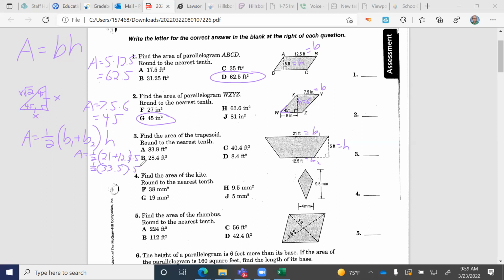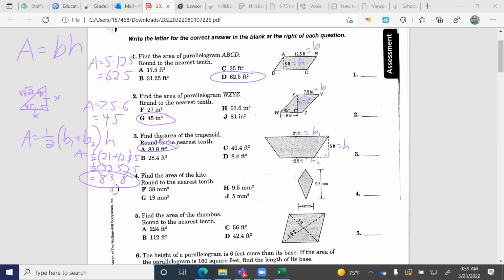Again, that is 5 times 33.5. Times 5 gives us what? So, okay.